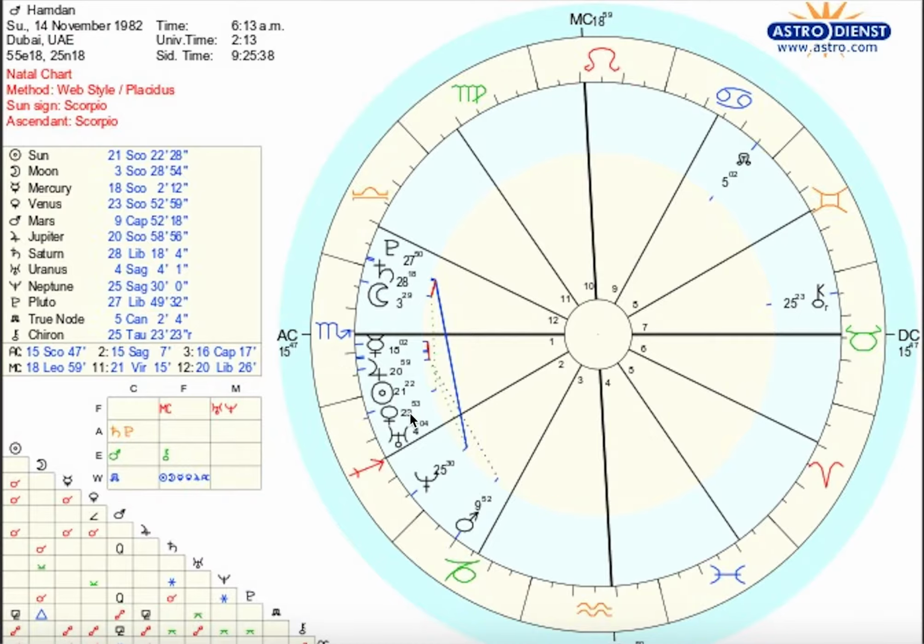Anytime you have a stellium, that's going to strongly impact and influence more than anything else in your chart. So the Scorpio is going to be more impactful than, say, his Capricorn here. He only has the one Capricorn.